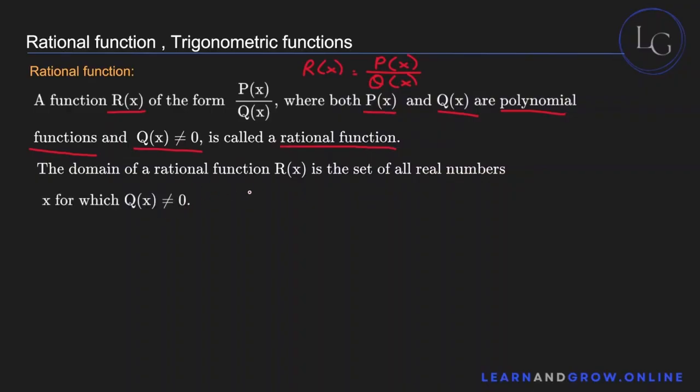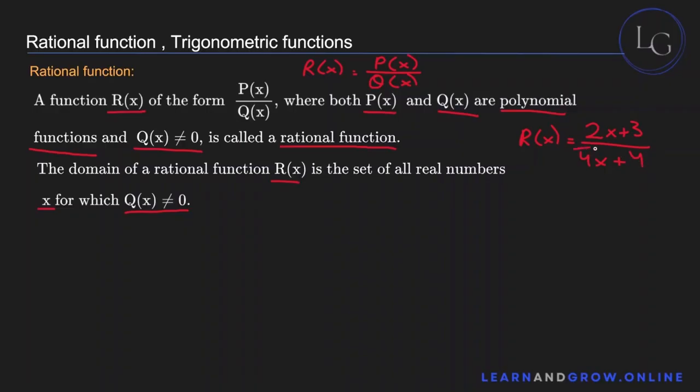And the domain of the rational function r of x is the set of all real numbers x, so basically all the numbers in the input set for which the function in the denominator is not equal to 0. So for example, if you had r of x is equal to 2x plus 3 over 4x plus 4, right?